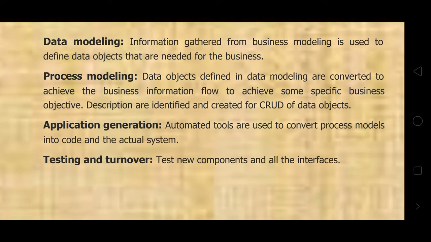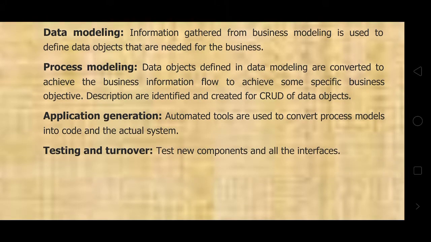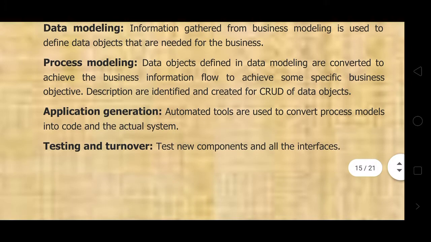Next, process modeling. Data objects defined in data modeling are converted to achieve the business information flow to achieve some specific business objective. Descriptions are identified and created for CRUD of data objects.